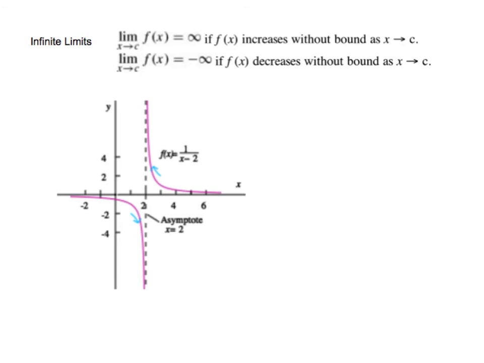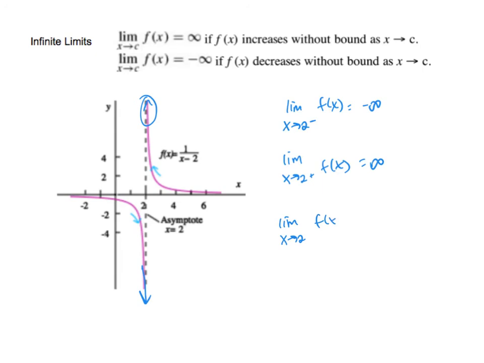So this is an example where the left-sided limit as x approaches 2 is negative infinity, because this is going down forever, where the right-sided limit is going up forever, so that's positive infinity. So the limit at 2 does not exist because the behavior is not the same on the left and on the right, but the one-sided limits exist.